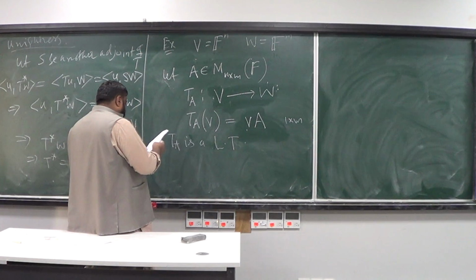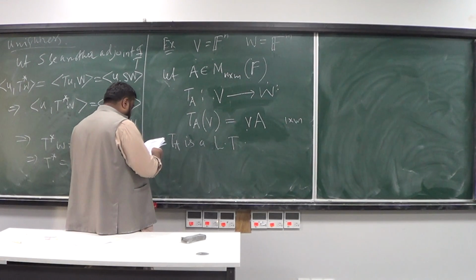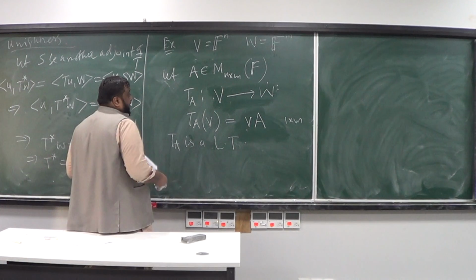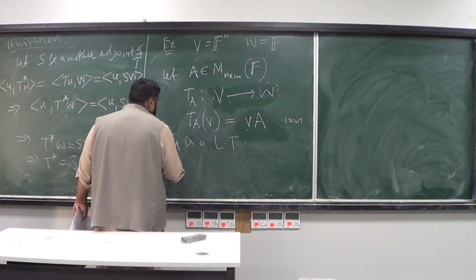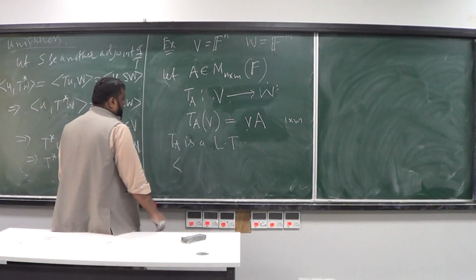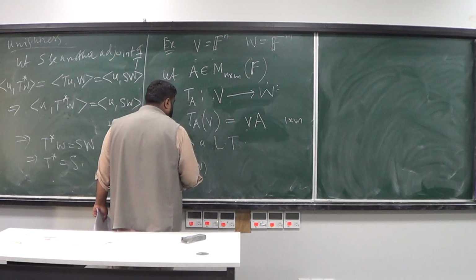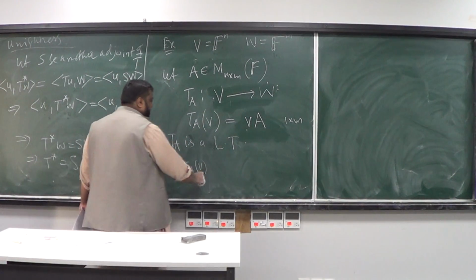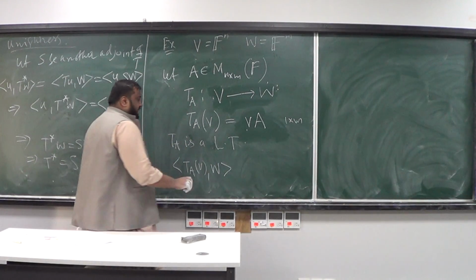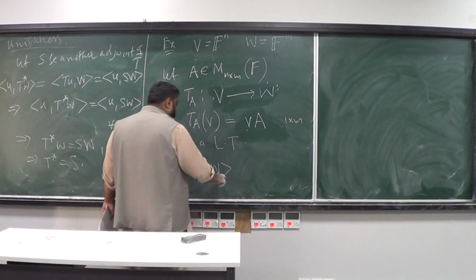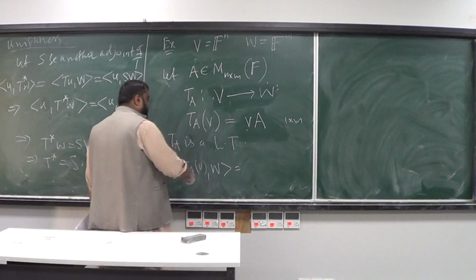But what I would like to do is compute the adjoint of this matrix. For that, I need to calculate T_A(v), which is an element in W, and take its inner product with w. This is an inner product in W. Now, what is the inner product on W?